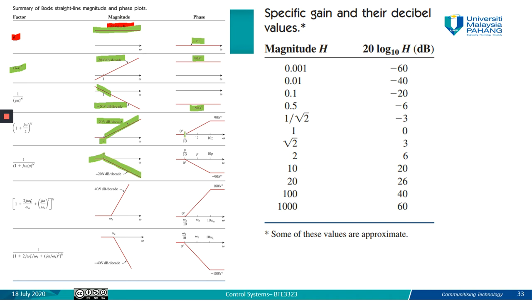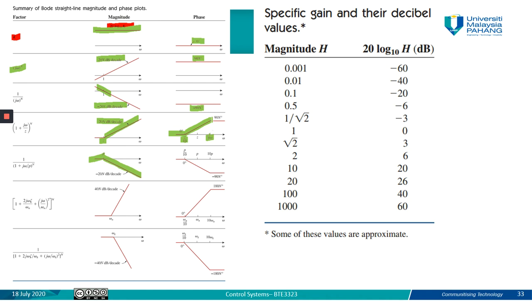The angle here before z over 10, that means 0.1 z, you multiply your zero by 0.1 or divide it by 10. Before it, the angle will be 0. Between 0.1 z and 10 z, the slope will be 45 degrees per decade.